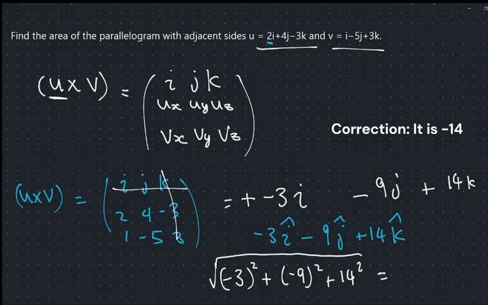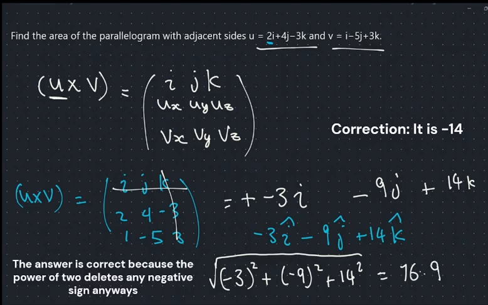So it's going to be 3 squared, and then 9 squared, and then 14 squared, and that's 16.9. And of course, let's not forget the unit is going to be cubic units. And here we go. We have an answer.